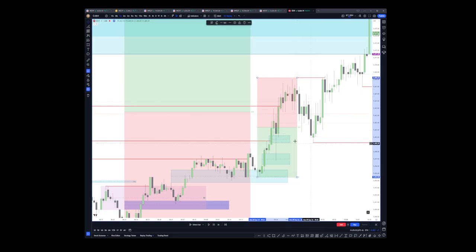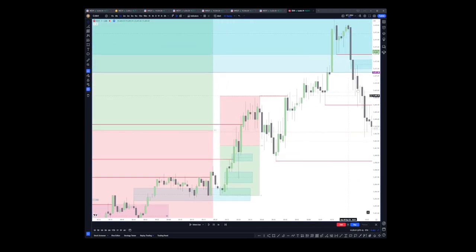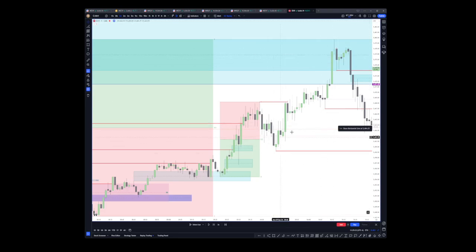Now it is in discount. This fair value gap is in discount. So now it makes sense to take the trade here. So you take the trade in this fair value gap and then you hold it up to whatever point.